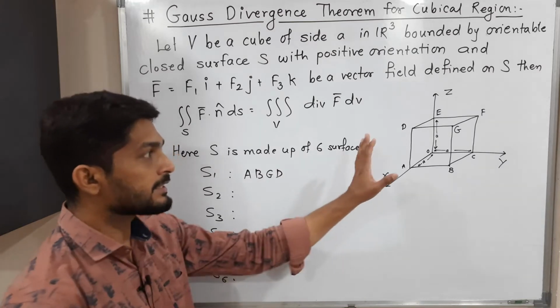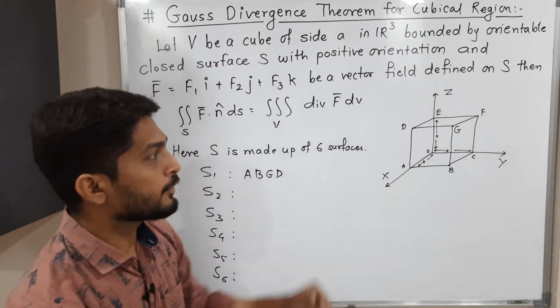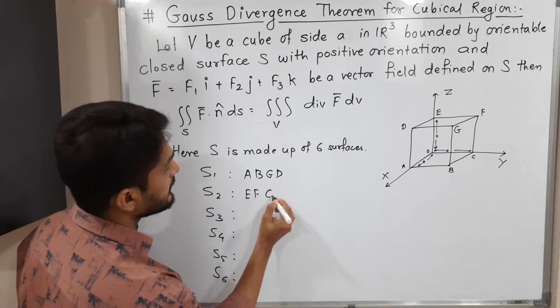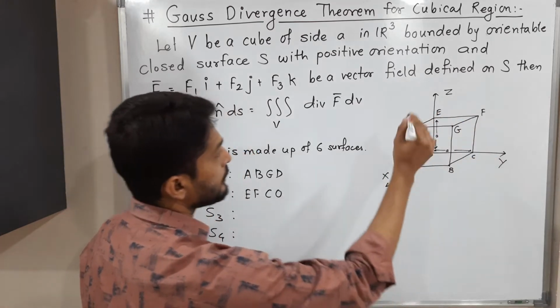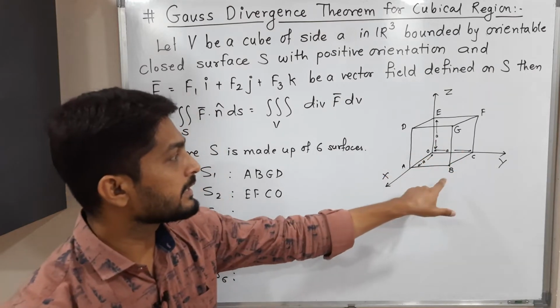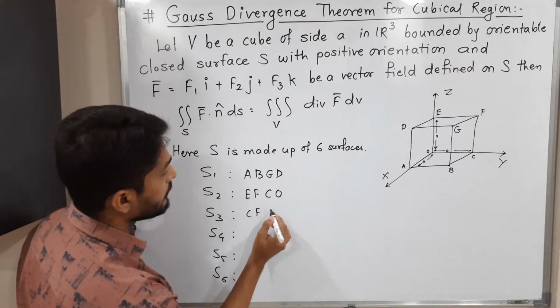ABGD is on the front side of this cube, and exactly opposite to S1 there is S2 on the back side of that cube. So it is EFCO. You can easily see EFCO. So that is S2. Okay, this is S3 I will consider, that is CFGB.